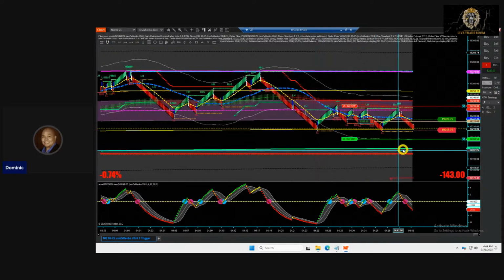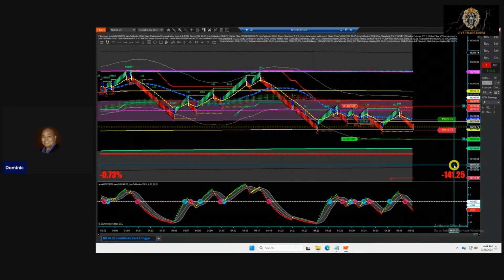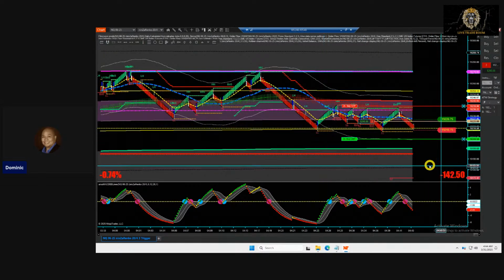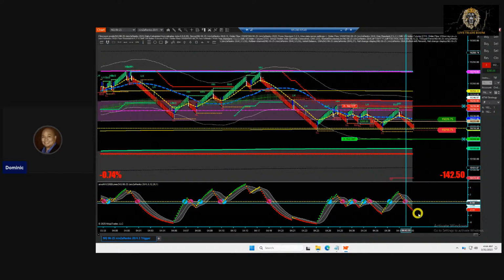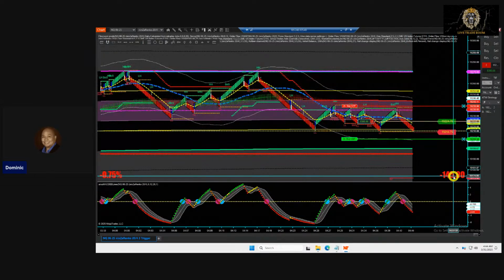Most likely they'll try to get down here, the -1 deviation. If they can get past this, again, we have a support level right here. But we have strong momentum to the downside. Did they break it? No, don't tell me they're trying to create a triple bottom there.